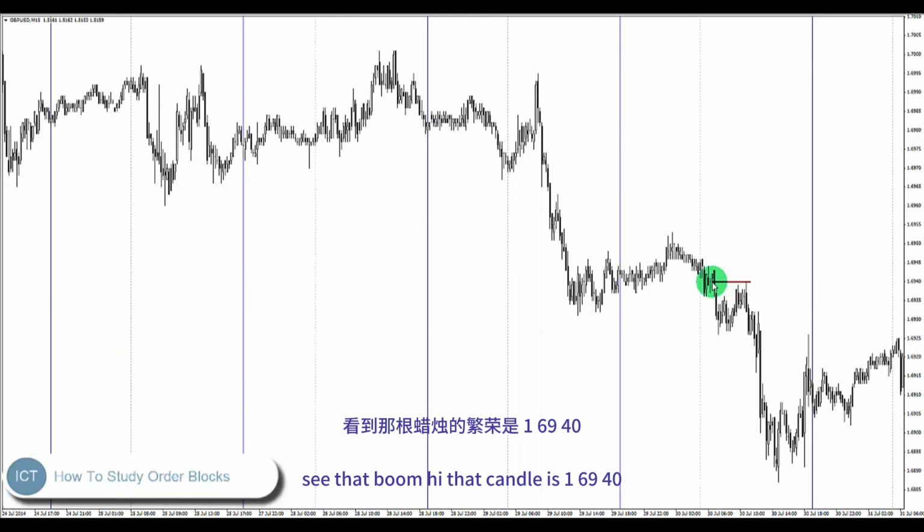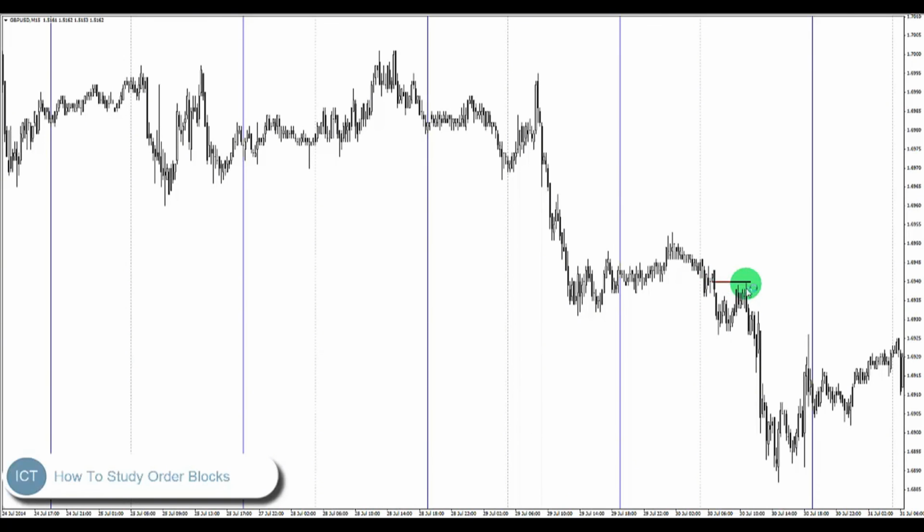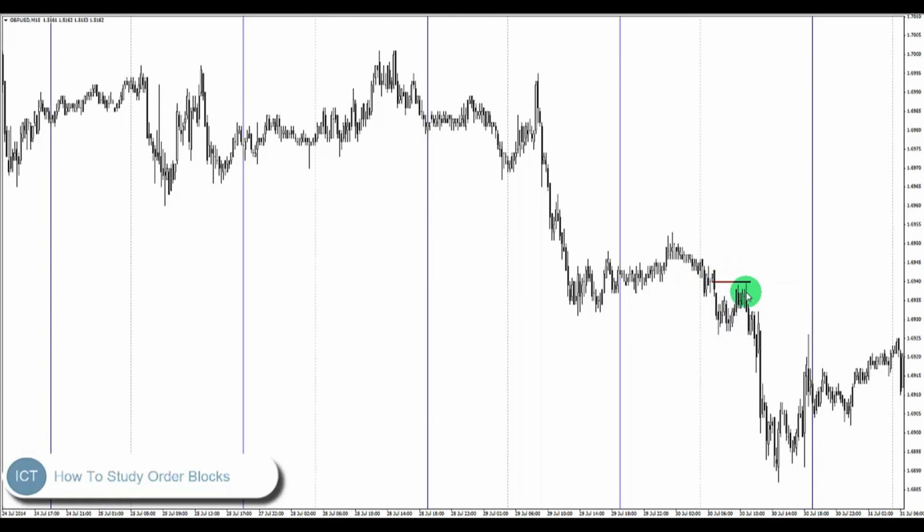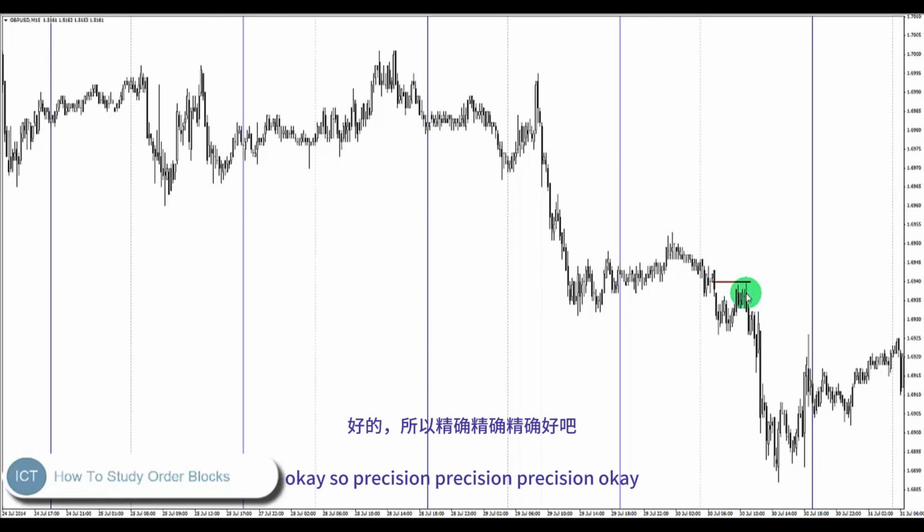See that? Boom. High of that candle is 169.40. The low of this candle, 169.40. So precision, precision, precision.